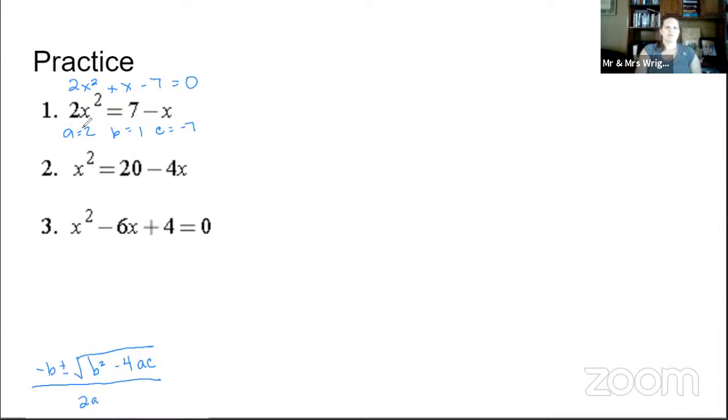All right, so let's plug some stuff in. I've got negative b is 1, so I've got negative 1 plus or minus the square root of 1 squared minus 4 times a, which is 2, times c, which is negative 7, all over 2 times a, which is 2. So I'm going to go ahead and put this in as negative 1 plus or minus the square root, and I'm going to put it over 4.